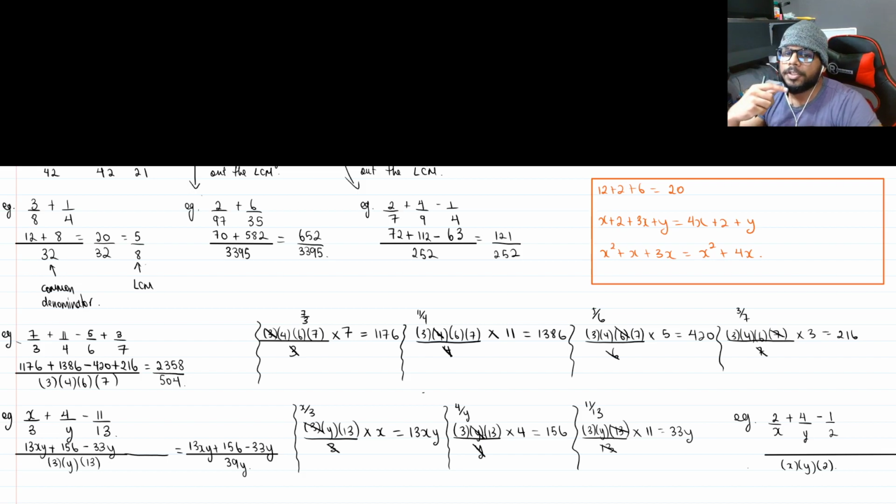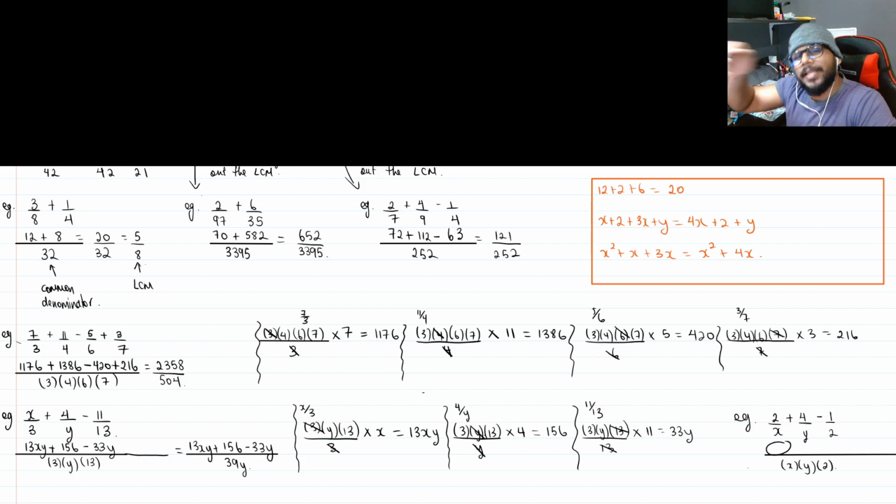So my first fraction is 2 over x. I want to know how I'm going to work out what the number up here is going to be without writing out the cancellation and then the multiplication. Now observe something with the previous example. For my first fraction, the 3 cancelled from my denominator.